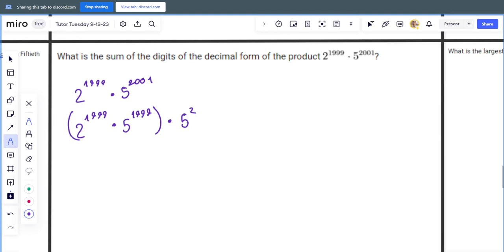Now what's 2 to the 1999 times 5 to the 1999? They've got the same exponent, so can't we just do 2 times 5 to the 1999? And then what is this? This is just 10 to the 1999 power times 5 squared.